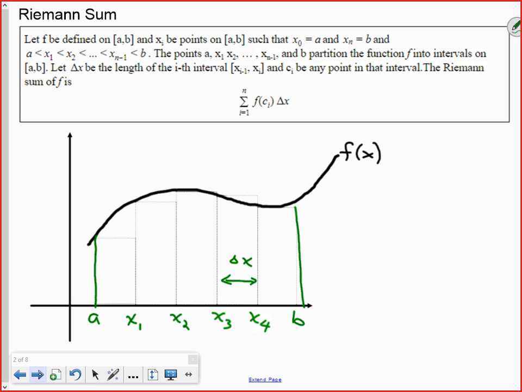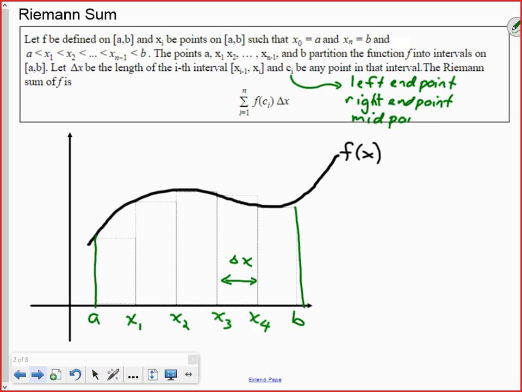And let c_i be any point in that interval. By saying c_i is any point in that interval, this means you can take that value c to be, in some cases, the left endpoint. In other cases we took c to be the right endpoint. Other cases we took it to be the midpoint.